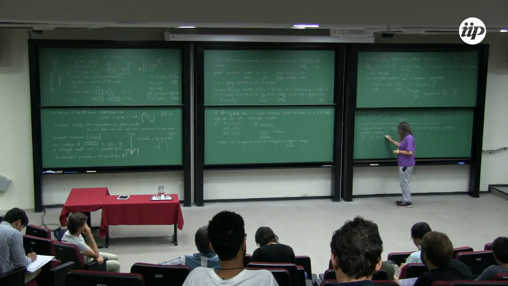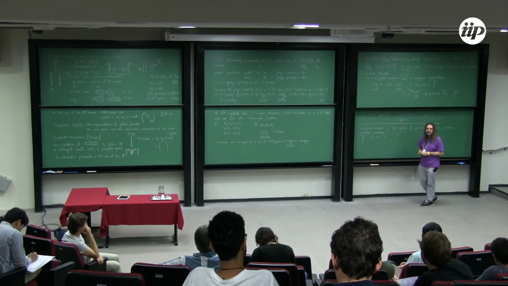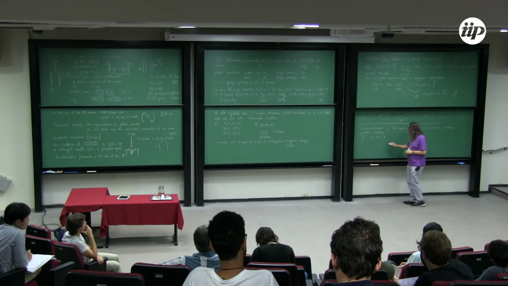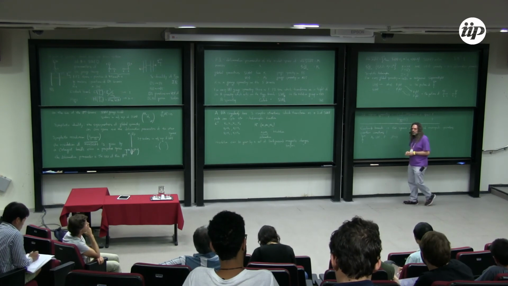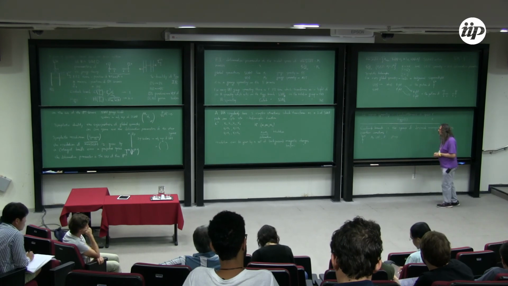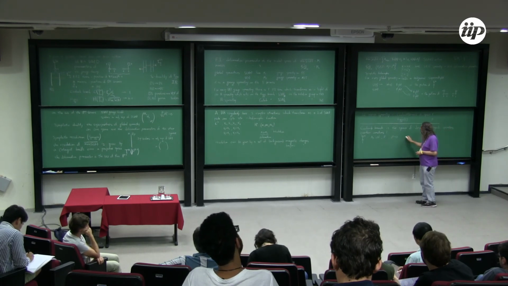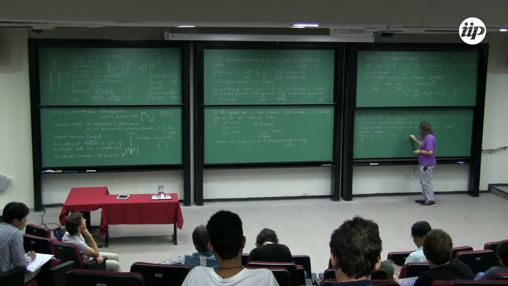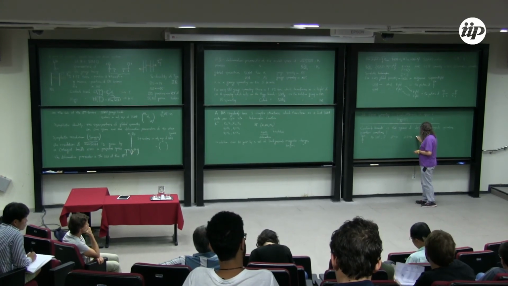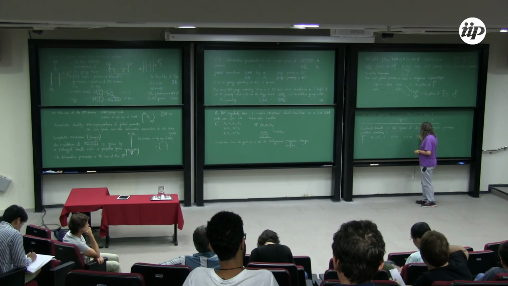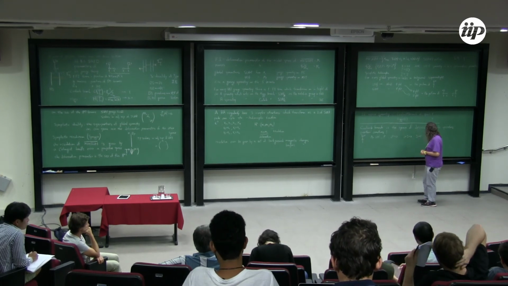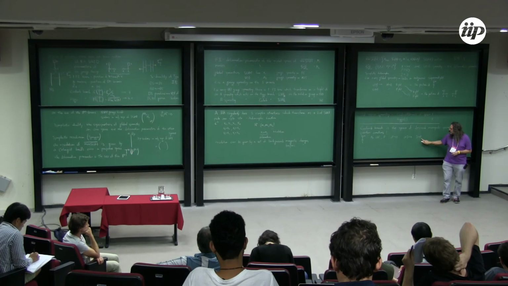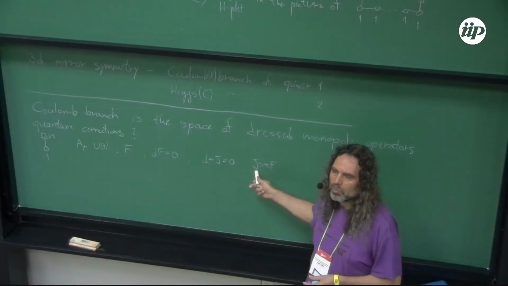It has a field strength F, and this field strength satisfies the Bianchi identity, which I can rewrite as d star J equals 0, where J is star of F. F is a 2-form, J is a 1-form.